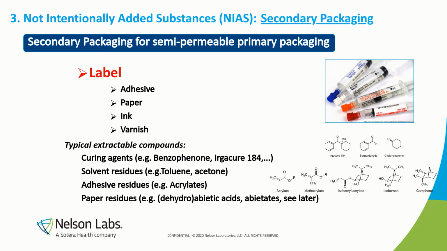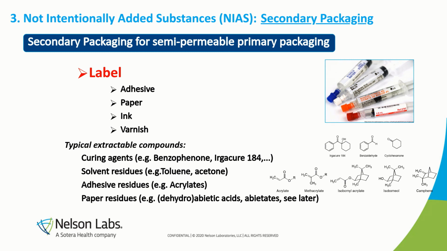There it is possible that the label that is attached at the surface of the container may release certain compounds that diffuse through the primary packaging into the content of the semi-permeable container. A label is made out of different materials like adhesive, paper, ink, and varnish, and they all give rise to a number of compounds that you potentially may see in the label.